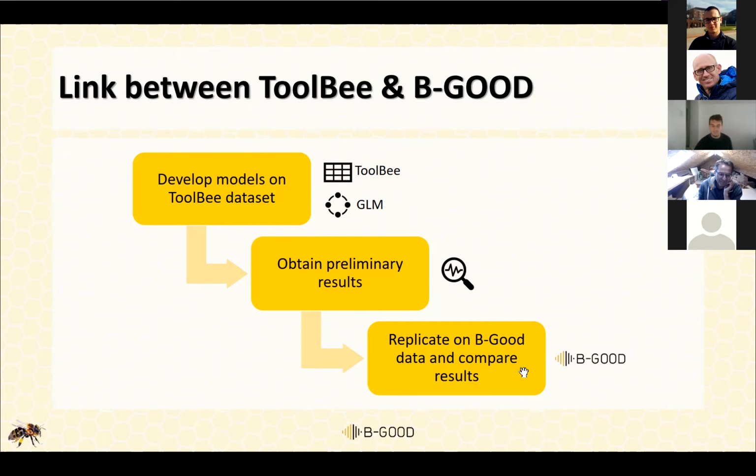So the replication of these models on B-Good will allow us to compare and to see if we can confirm or not our first results. And we also hope to improve the models by, for example, using interactions, because the B-Good dataset will be much more complete. So we will be able to use a more complete model.